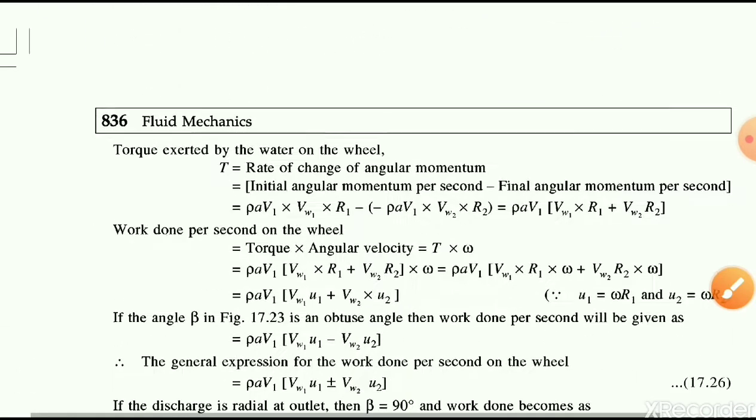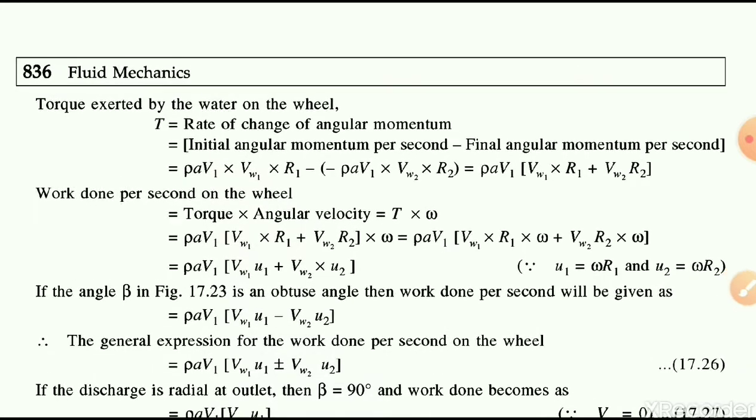Then to find the torque, we know that torque is the rate of change of angular momentum. The change in angular momentum is the angular momentum at the inlet minus the angular momentum at the outlet.